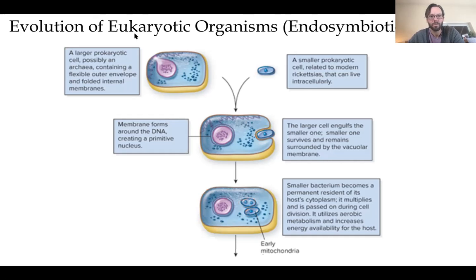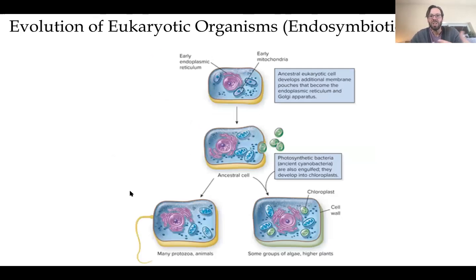Okay. These small prokaryotic cells evolve over time into other structures like the Golgi, right? The endoplasmic reticulum. And we'll talk about those in more detail soon.